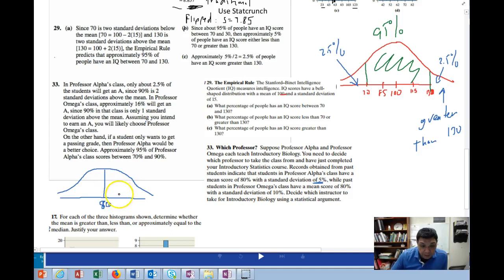Based on the standard deviations, 2 standard deviations gives 90 and 70, so 95% of that first population is going to be within 70 and 90. So approximately 95% of the students pass Professor Alpha's class, compared to Omega's class, which has a bigger standard deviation. That's how you would make your decision.